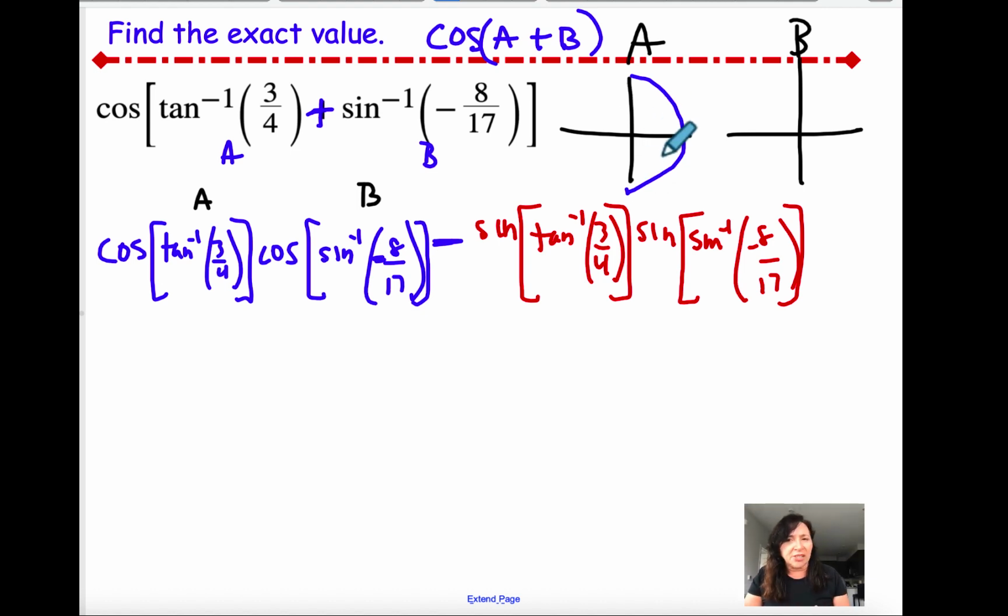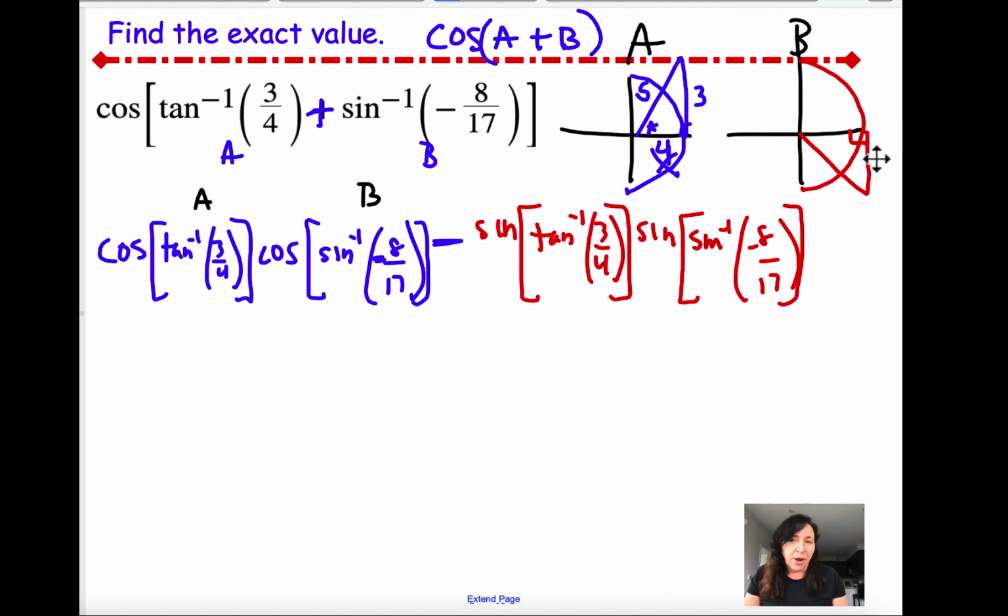So where is tangent 3 over 4? Not negative, it's positive, first quadrant. So tangent is opposite over adjacent. And so that's 3 over 4, which means this is 5. And that's your A. And then for B, I'm going to draw, and it's negative, and it's a sine, so it's top and bottom. And because it's a negative like that. So it's down in that quadrant, fourth quadrant.